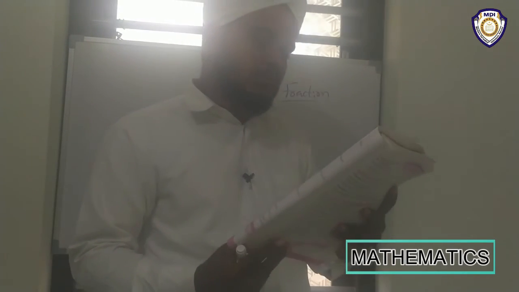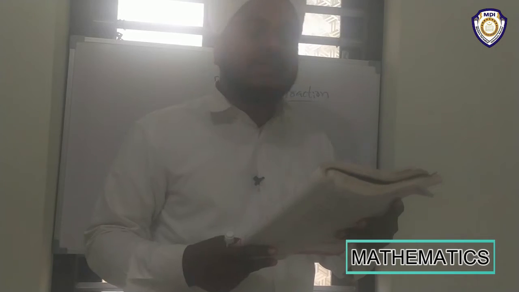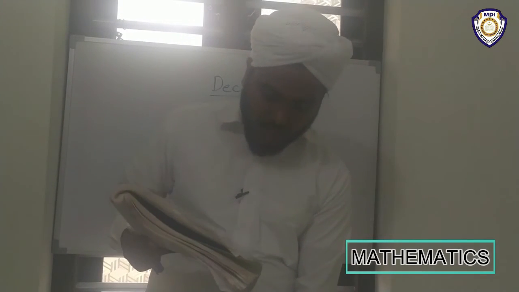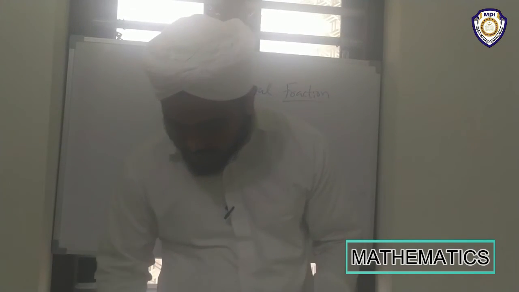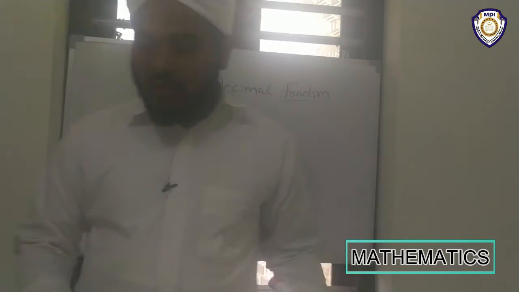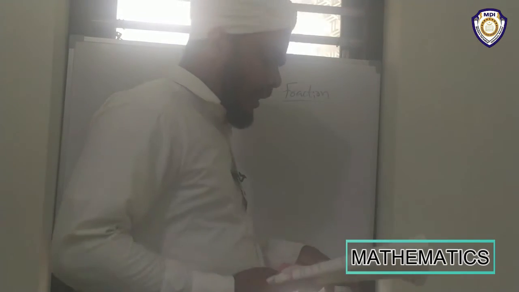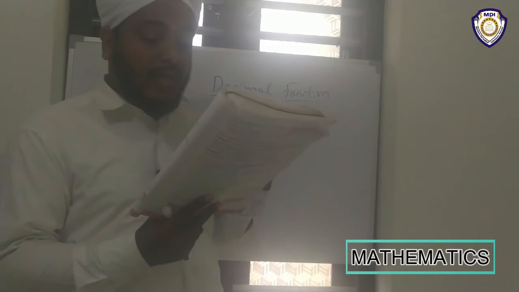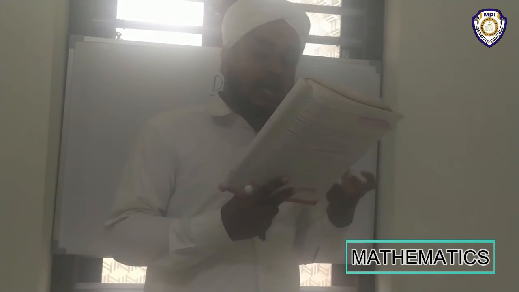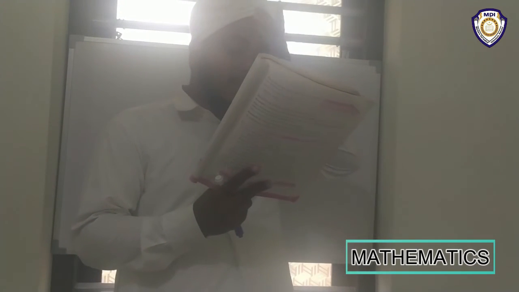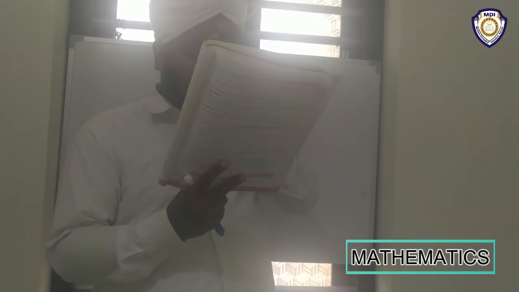Then comparison of decimals. It is very important. We have studied in detail in our 5th class. Do you remember we compared whole numbers by placing them in the place values chart? The same rules are applicable to decimals.